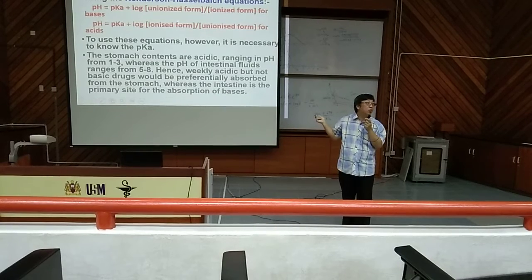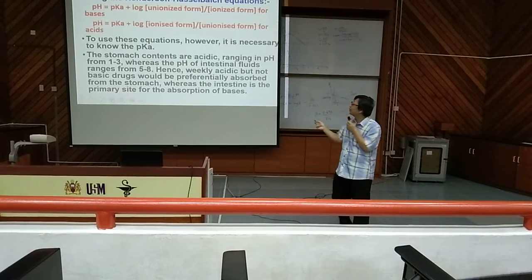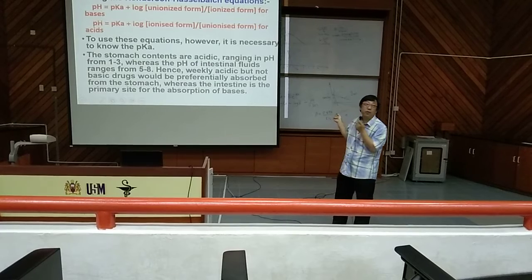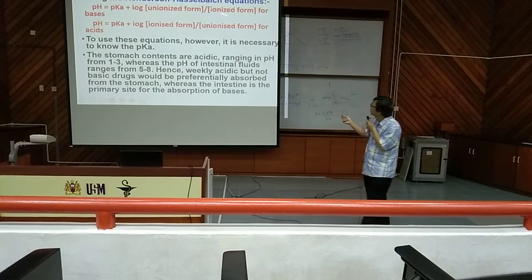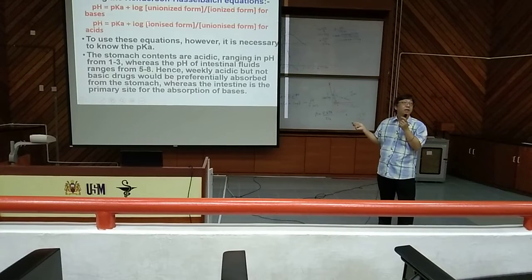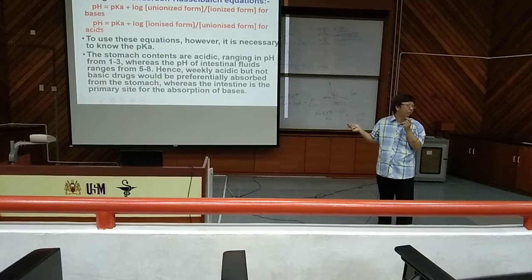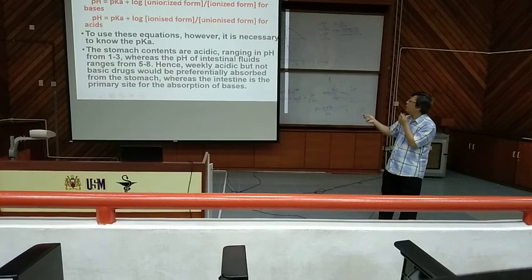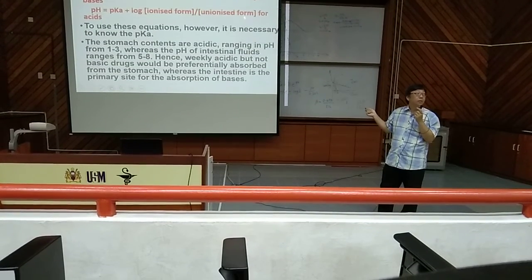These two equations you have to remember for life. Henderson-Hasselbalch has these equations. Once you know the pKa and you know the pH of the environment, then you know what is the ionized and unionized form.